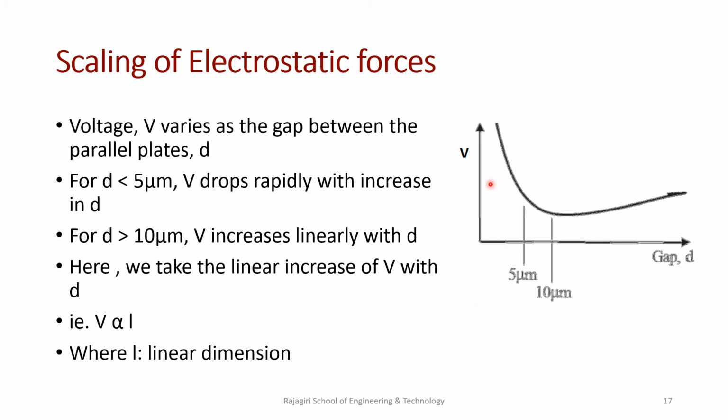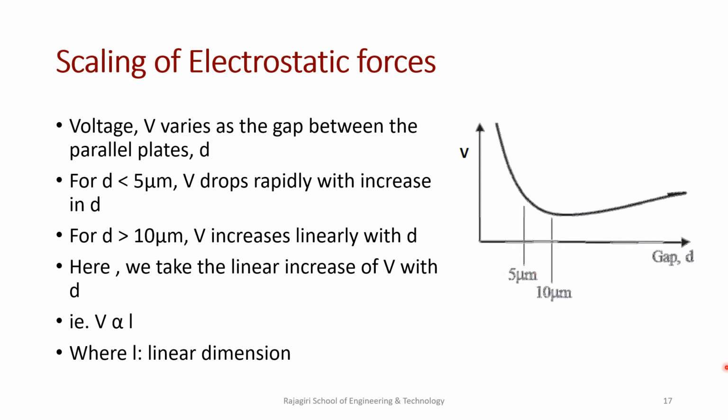The variation of V along with D is shown in this graph. It can be seen that the breakdown voltage V drops drastically with the increase of the gap for the values of D less than 5 micrometers.